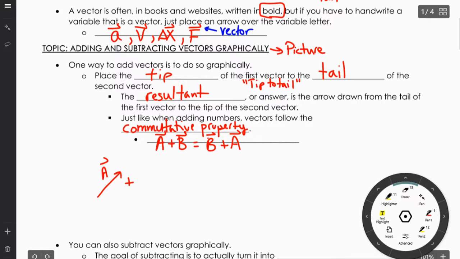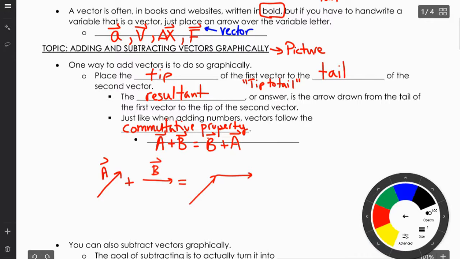So if I have vector A plus vector B, place them tip to tail. So here's A, here's B, right? Here's my tip to tail, right?